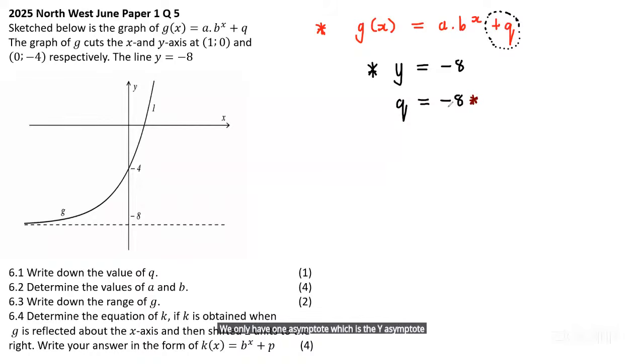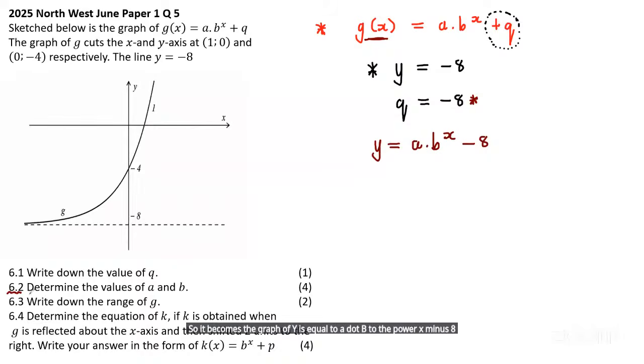q is -8. So if you think about it, this graph g of x, so y is equal to, currently it's a dot b to the power x minus 8.